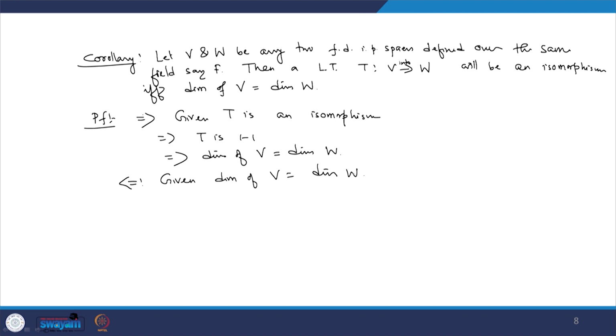Then only I can say that the linear transformation is an isomorphism from V onto W.